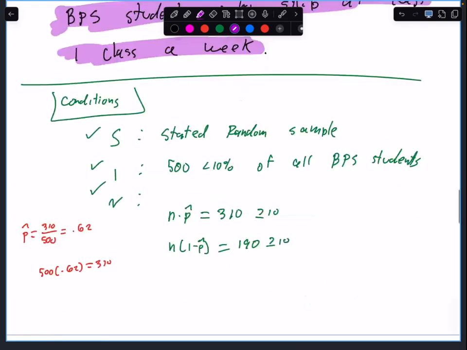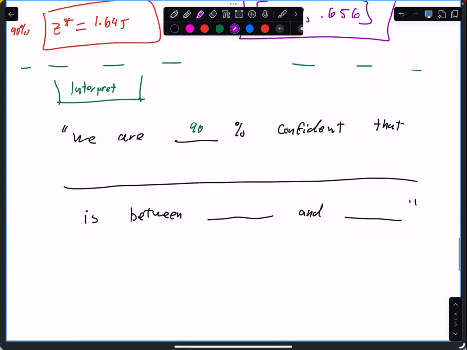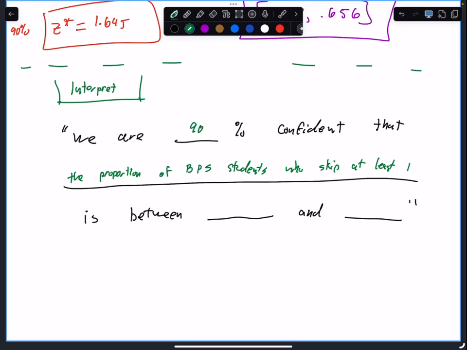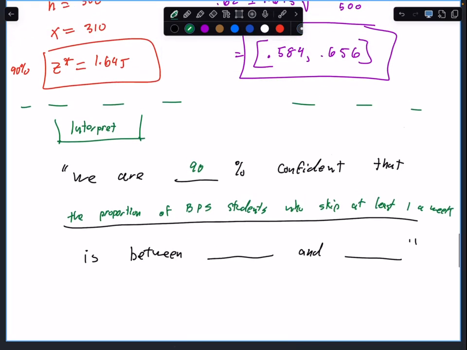Okay? And so I write that. The proportion of BPS students who skip at least once a week is between 0.584 and 0.656.